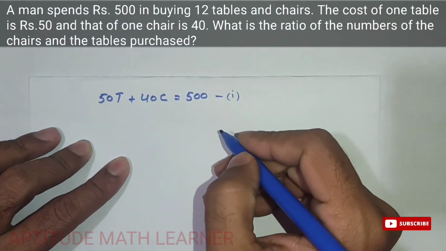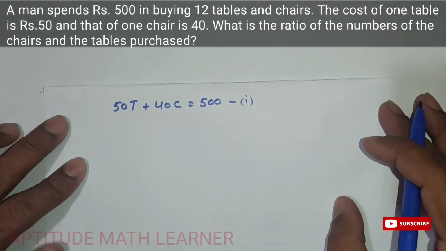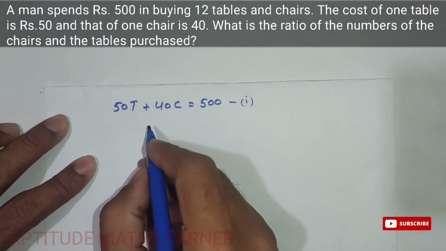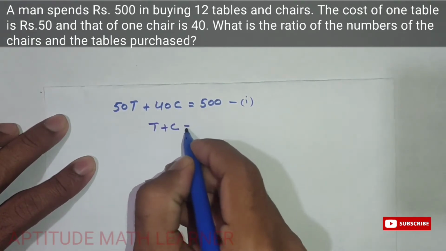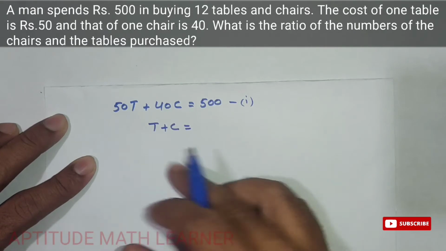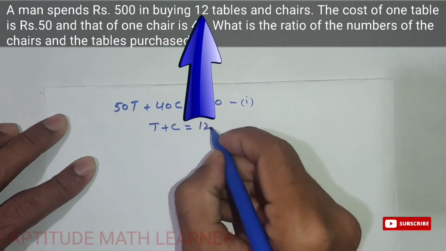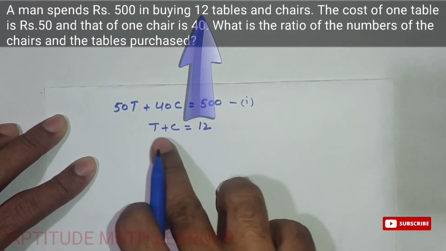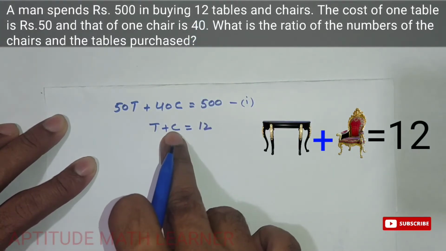But to find the actual numbers of tables and chairs, we take T plus C total. Both tables and chairs together were 12 in number, but the number of tables and of chairs separately we don't know.